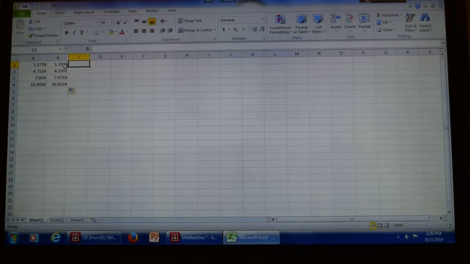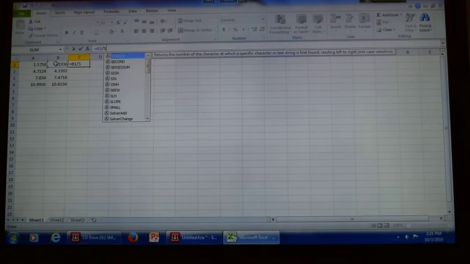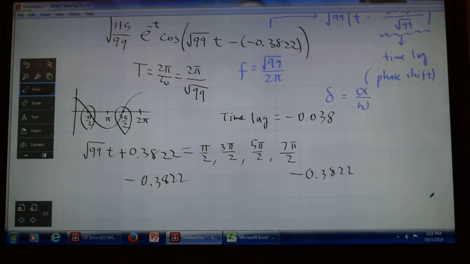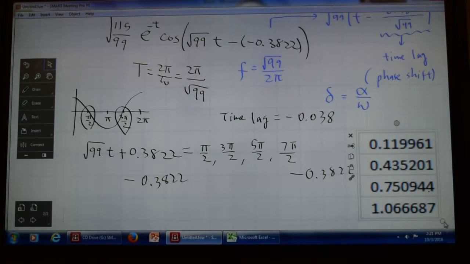Okay, and then now you divide that by square root of 99, so it equals this thing divided by SQRT of 99. And that's what you get. And these are the values. Oh, it's so small. So let's just move it over here and make it large, just like that.